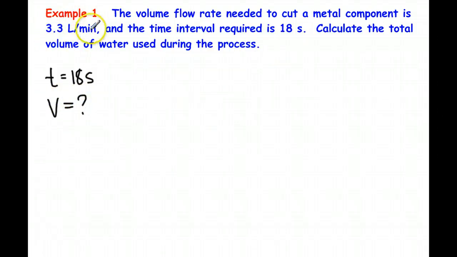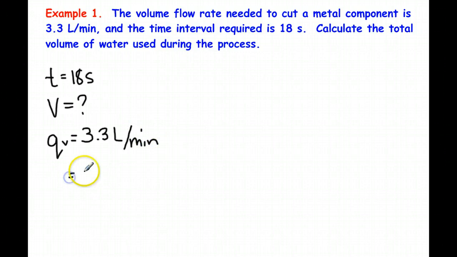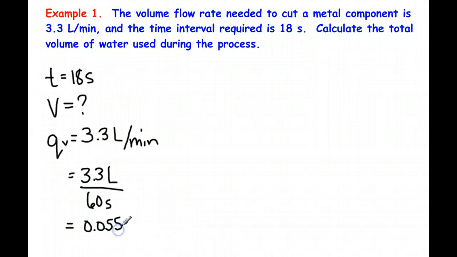But what they've given us is the flow rate, and that is not exactly in the units we need. So 3.3 liters per minute is the same as saying, if we want to convert this to seconds, 3.3 liters per every 60 seconds. And so what we end up with is 0.055 liters per second.